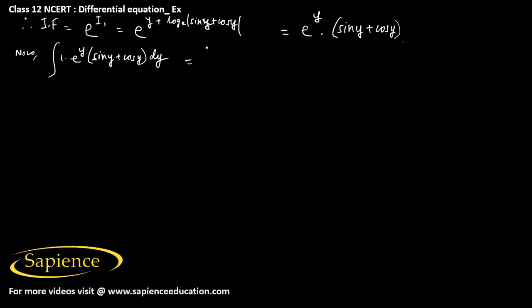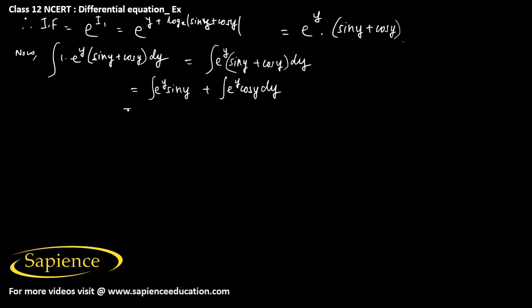So now, how to integrate this function. This is integral e power y into sin y plus cos y dy. This we can write as integral e power y sin y dy plus integral e power y cos y dy.